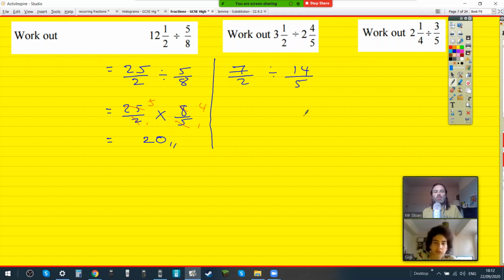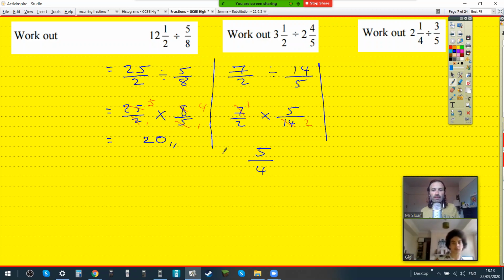So it would change it to 5 over 14, so it'll be 7 over 2 times 5 over 14. And 7 would be changed to 1, 14 would be changed to 2. So it would be 5 over 4.